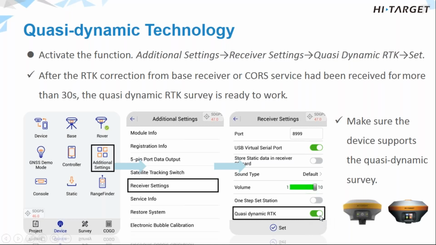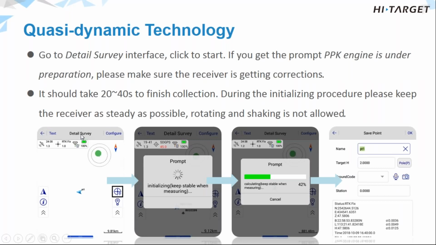You just open this option. After you open it, in the detail survey interface, you could see there will be one more button for this Quasi-dynamic survey.